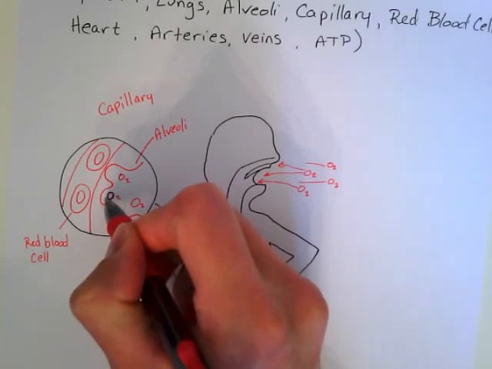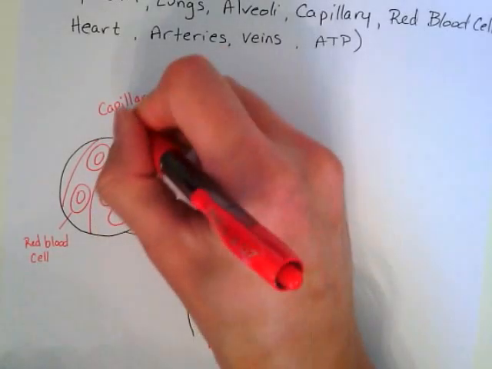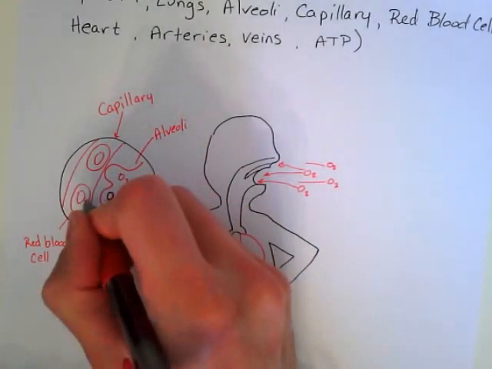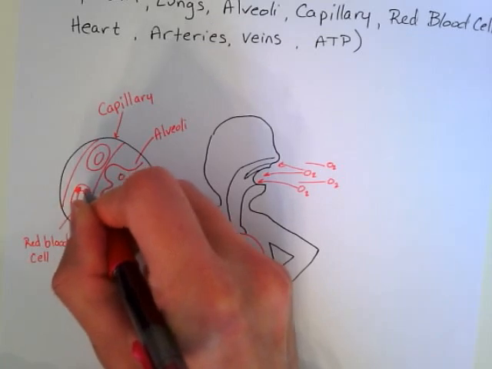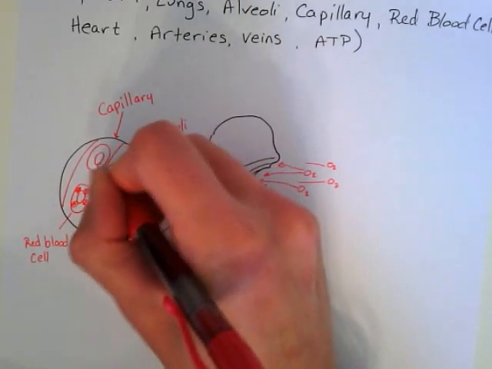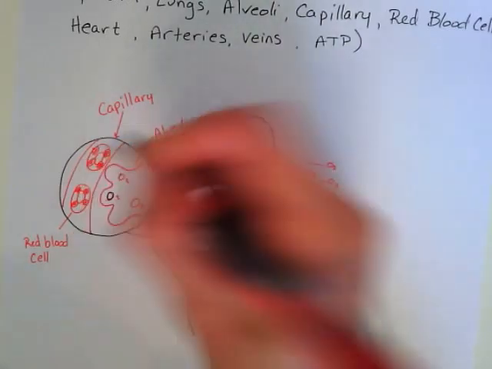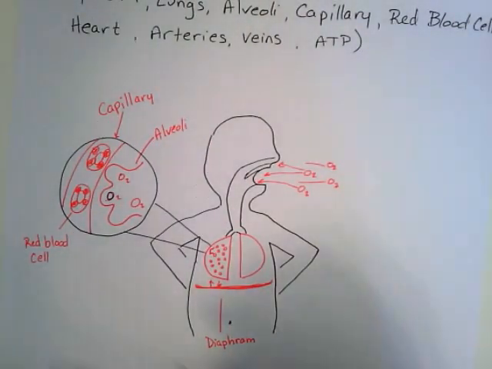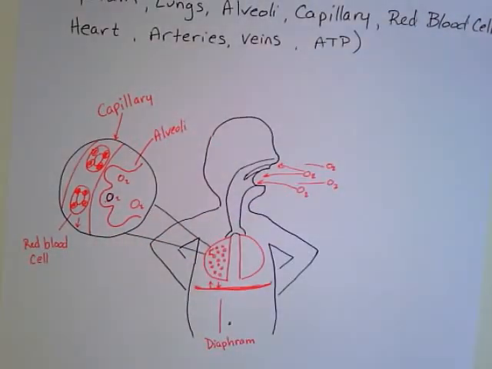The oxygen moves from the alveoli into the capillary, which is this, and there's about 4 oxygens per blood cell. And then this gets carried out and meets all the other blood cells that have oxygen, and it goes throughout the body.